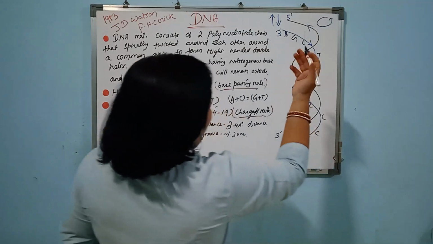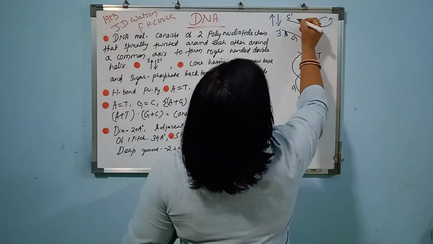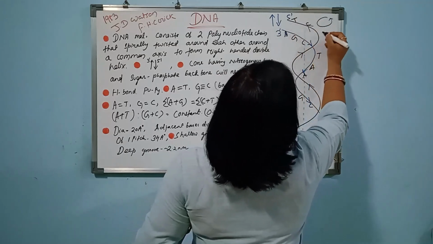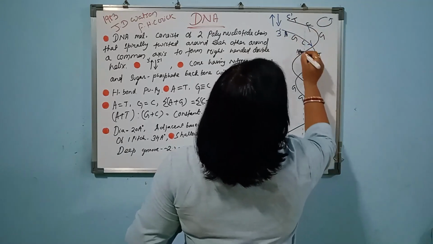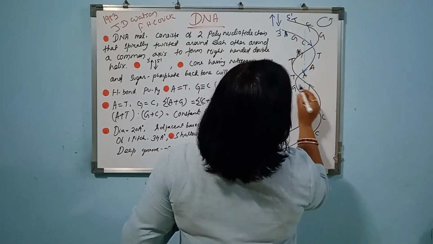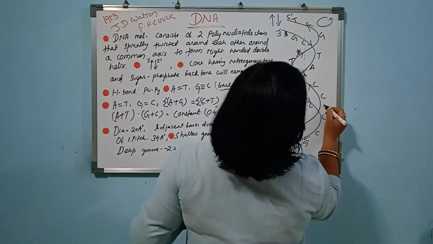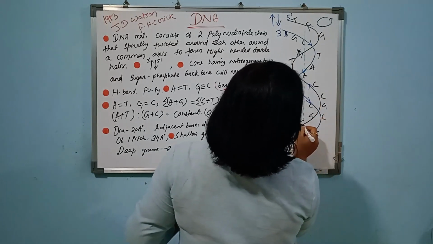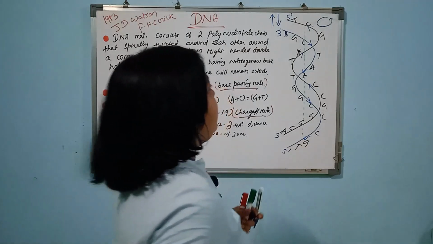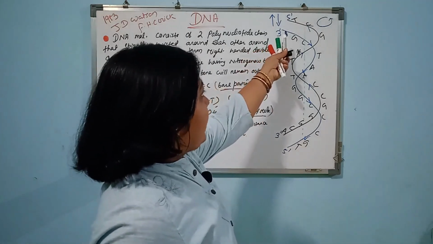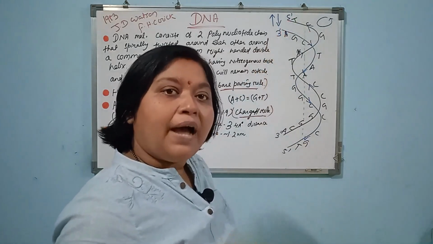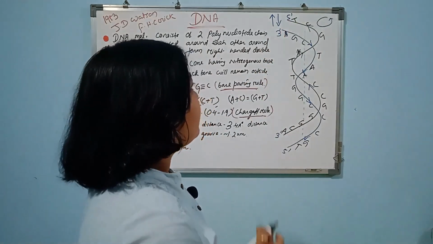Like this, the other will have thymine, cytosine, guanine, adenine, thymine. If one has a purine base, at the same place in the opposite strand, you will find a pyrimidine base.